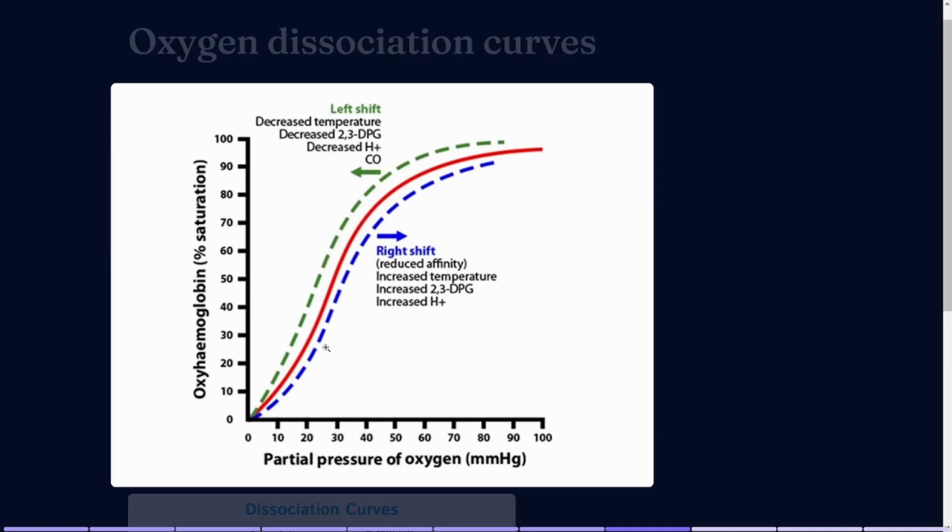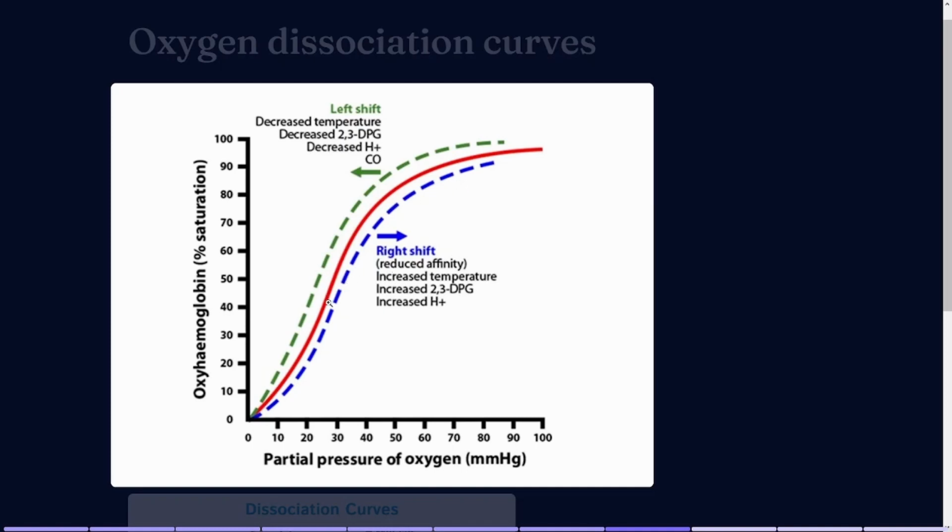This is the curve which exists, and it is a sigmoid curve. So the oxygen dissociation curve is a sigmoid curve. As the partial pressure of oxygen increases, the oxyhemoglobin saturation also increases, but in this manner.